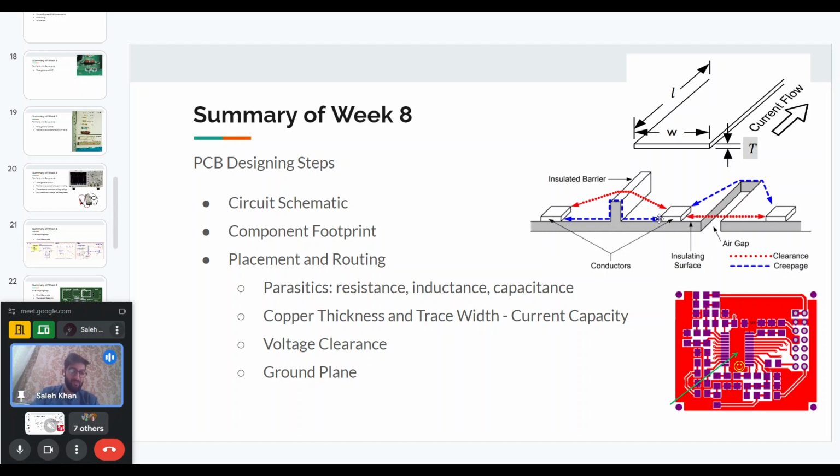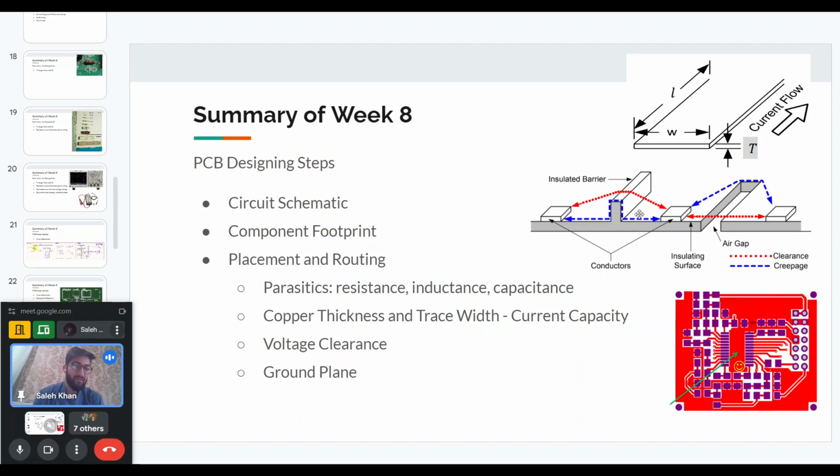Next, when we have multiple traces or multiple pads or multiple copper portions, you have to keep some distance between these two pads or traces. And this distance is usually determined by the voltage difference that occurs between these two traces. So based on what is the voltage potential difference between them, a certain minimum spacing is required.